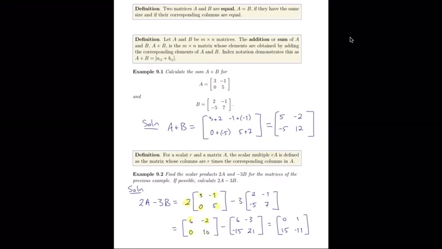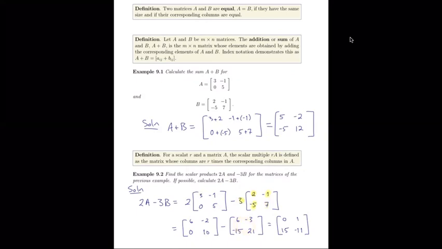We do something similar for B, because after all, this example is asking us to compute 2A minus 3B. So we handle the constant multiples first. 3 times 2 is 6, times -1 is -3, -15, and 21, and that's this matrix right here.